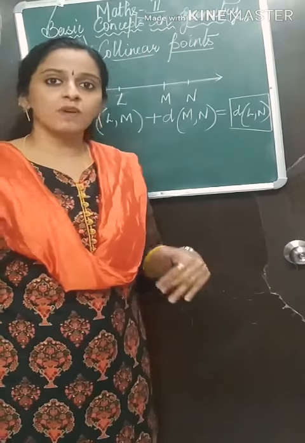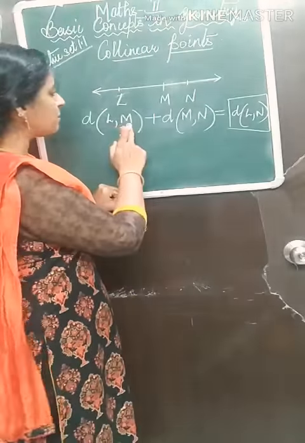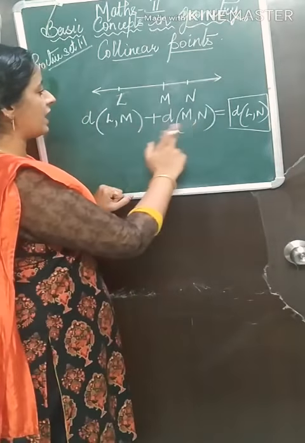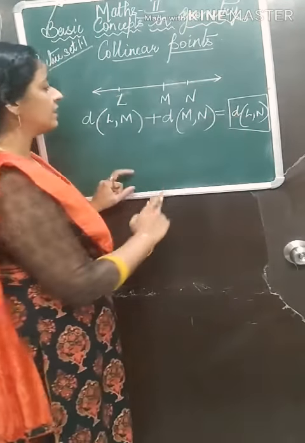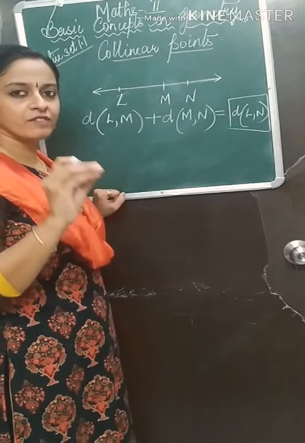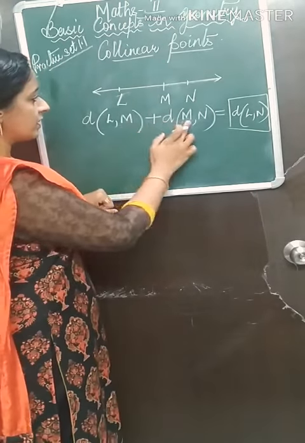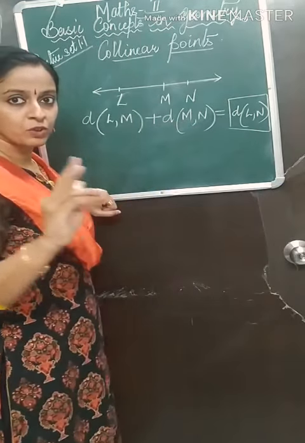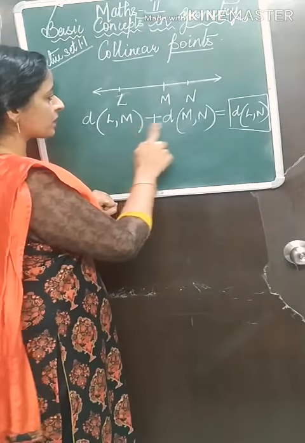This means that if you add LM and MN, you get LN. From this we can conclude that the point M is repeated 2 times.